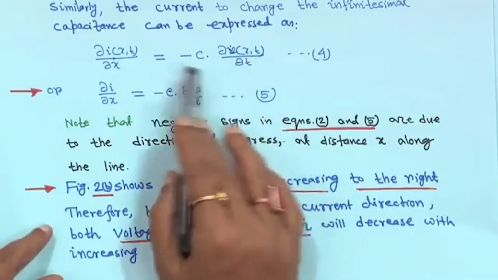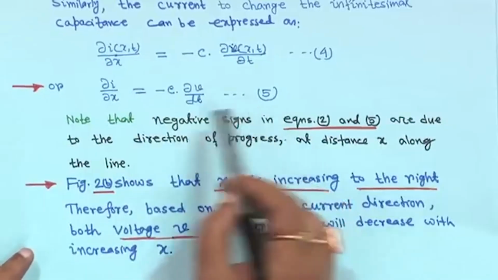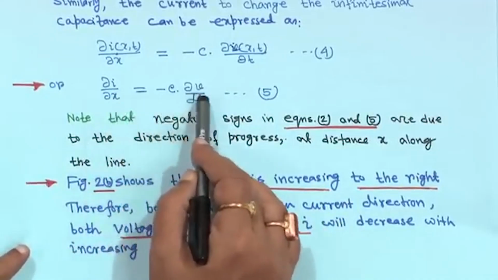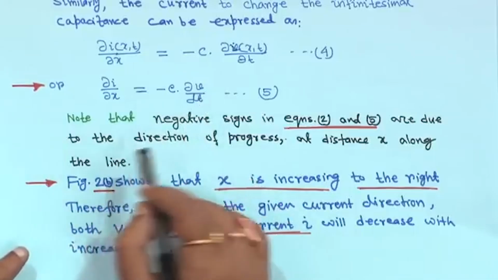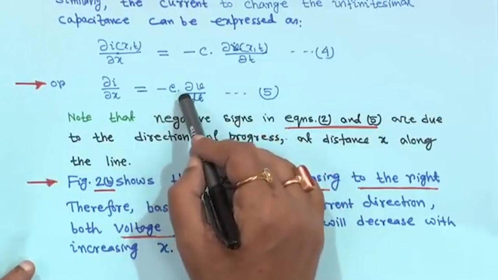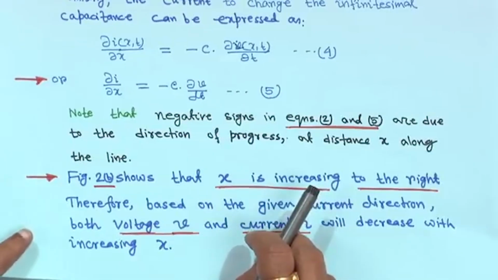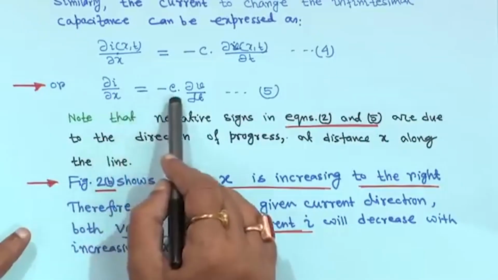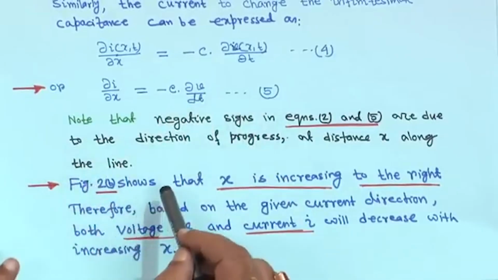Just once I have written I and v as functions of x and t, after that I am not writing it again, but it is understandable. That means del I del x is equal to minus c into dv by dt. This is the same as before; if you take delta c also, it will be c into delta x. So that is why you can write del I del x is equal to minus c into dv by dt, equation 5, same philosophy.